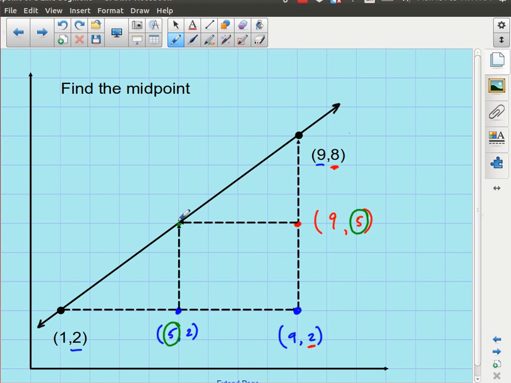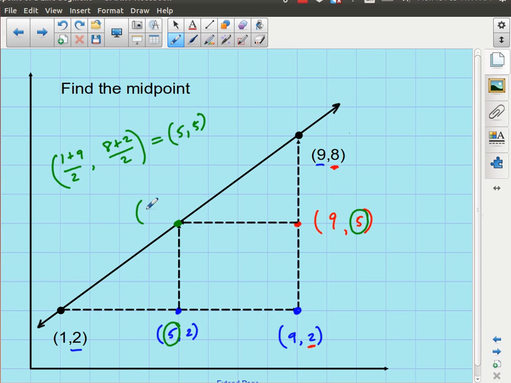And so it stands to reason that the midpoint along this solid line is actually the combination of the midpoint of the x's, which is 1 plus 9 divided by 2, and the y coordinate is going to be the midpoint of the y's, which is 8 plus 2 divided by 2. And what is that equal to? 1 plus 9 divided by 2 is 5. 8 plus 2 divided by 2, 10 divided by 2 is also 5.